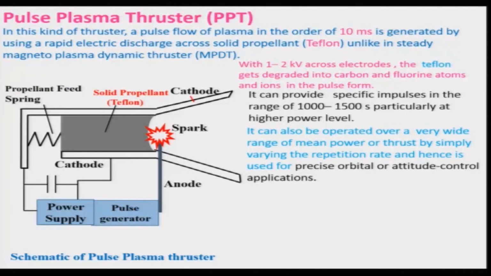Keep in mind that this is used very much because electrode erosion due to the high voltage and power level will not be much, as the erosion rate between the cathode and anode in the case of a plasma thruster is reduced drastically due to the pulse mode used in this case.